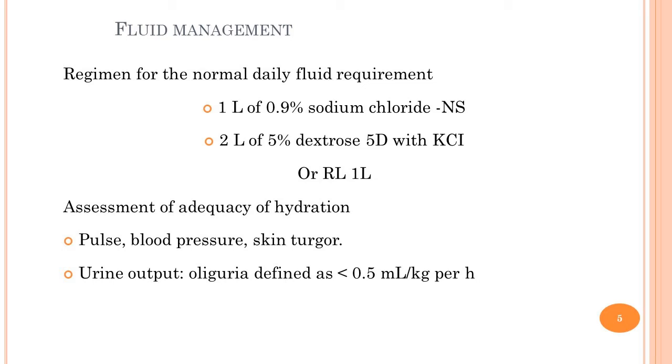Or else one may assess the hydration based upon the urine output. If the hydration is adequate, one should get at least 0.5 ml per kg per hour urine output. That means in a healthy individual of 60 kg, one must get 30 to 50 ml of urine output if you are properly hydrating the patient.